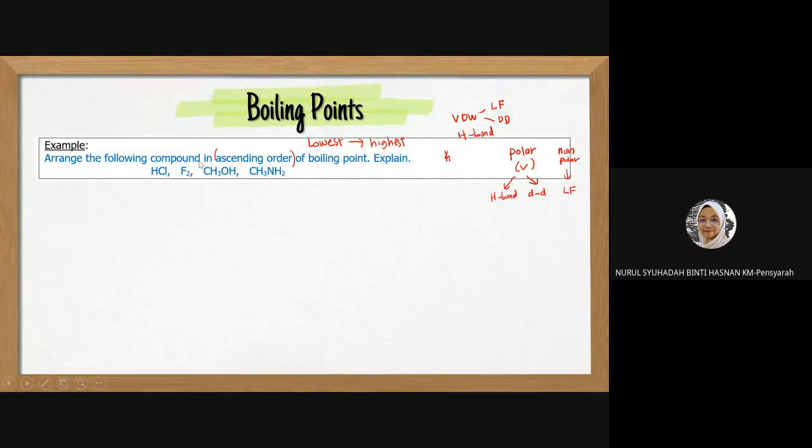Okay, so hydrogen bond tadi, apa yang awak kena cari? Hydrogen bonded to fluorine, oxygen and nitrogen. Jadi kita check satu persatu. So untuk HCl, is HCl polar? Yes. Different atom, different electronegativity.